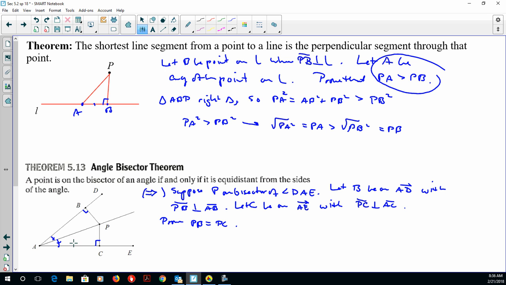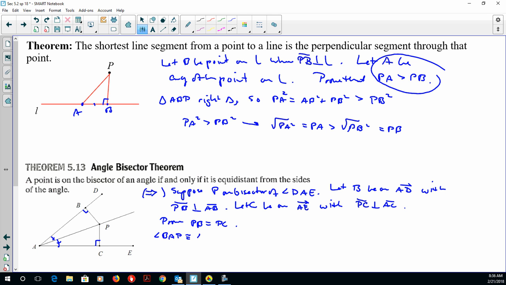Okay, so, well, what do we have here? I have then that angle BAP is congruent to angle CAP, and that's because it's a bisector.